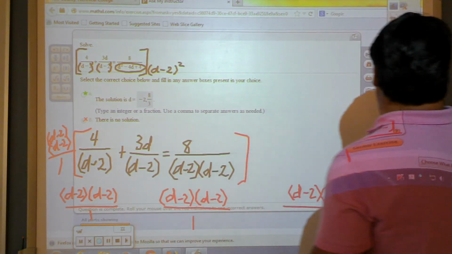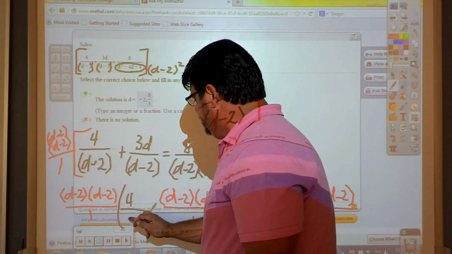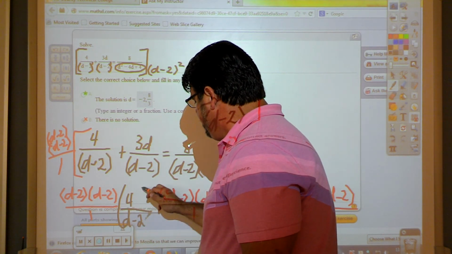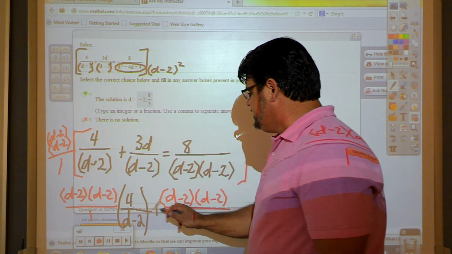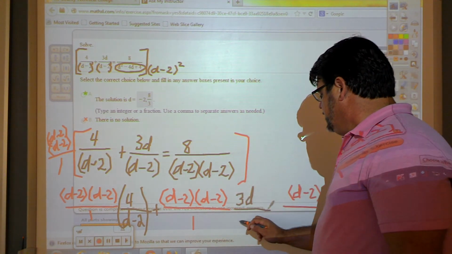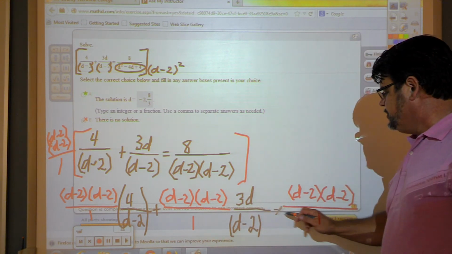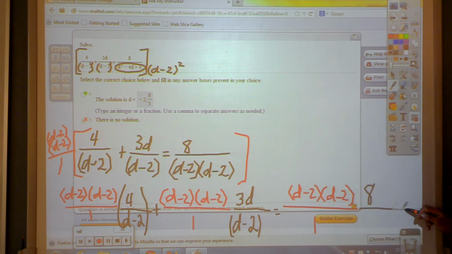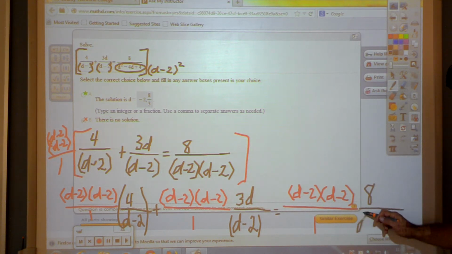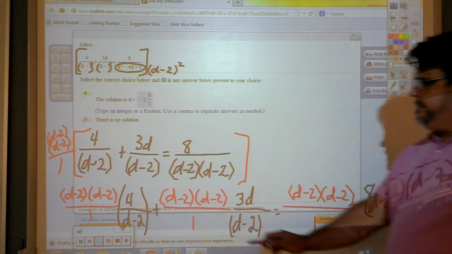Now I'm going to rewrite my problem. 4 over D minus 2 plus 3D over D minus 2 equals 8 over D minus 2, times D minus 2. Now what happens to one of the D minus 2's here?